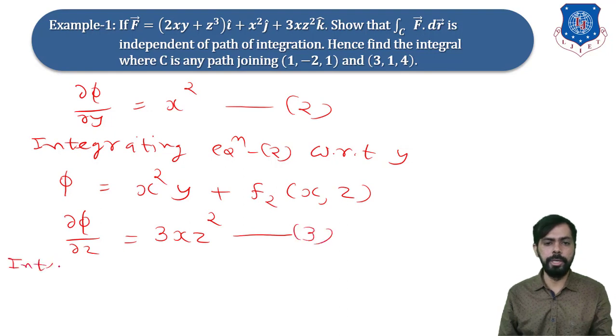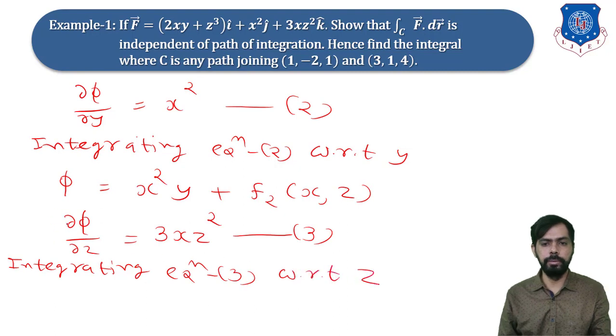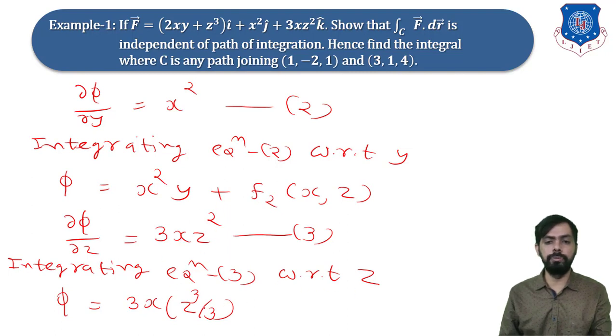Now integrating equation 3 with respect to z, the integration of del phi by del z with respect to z will be phi, and the integration of 3xz square with respect to z will be 3x into z cube by 3, because here 3x is constant and the integration of z square with respect to z will be z cube by 3, plus a constant, that is some function of x and y, because x and y are constants.